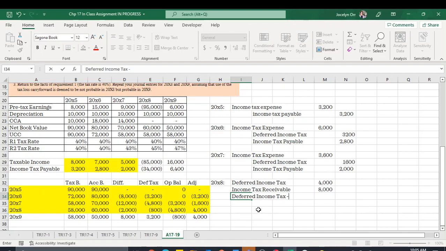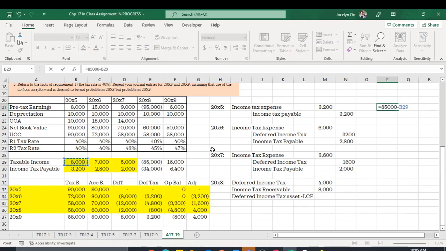The next piece that I need to record is going to be my asset as a result of my loss carry forward. Okay? So we need to look at what that is going to be. I have a loss of $85,000.